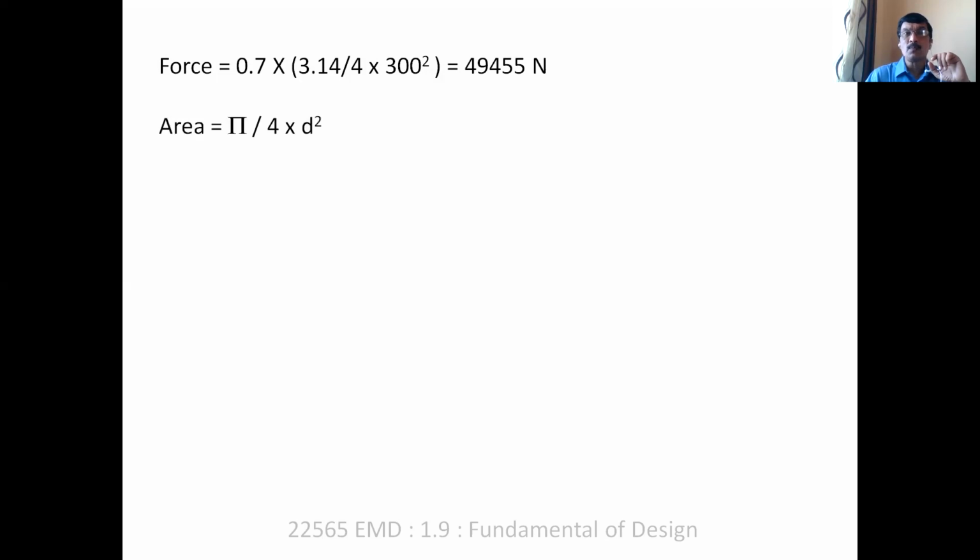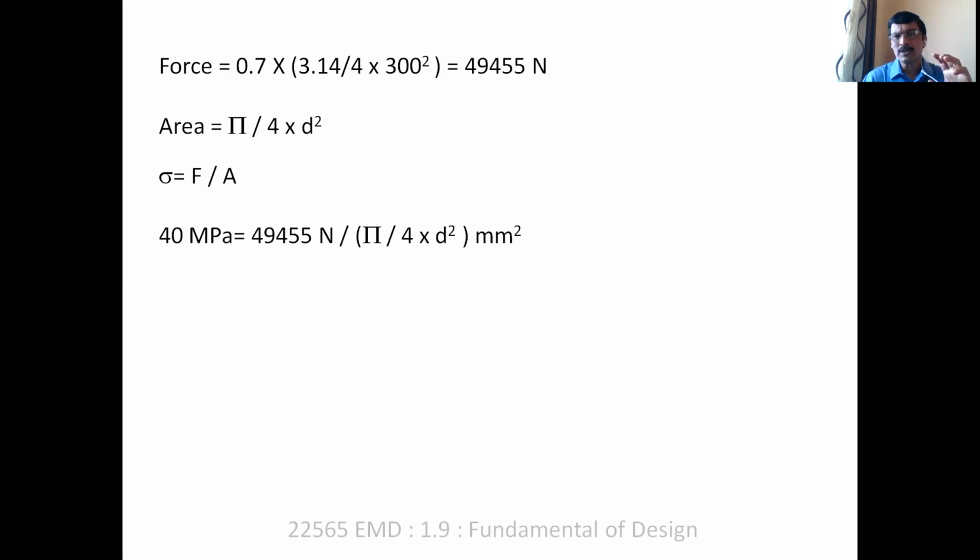Now area is equal to pi by 4 small d square. Stress is equal to force divided by area. Now the permissible stress is 40 megapascal only, which is compressive. Force is 49455 newton. Area is pi by 4 d square. We have to find small d.